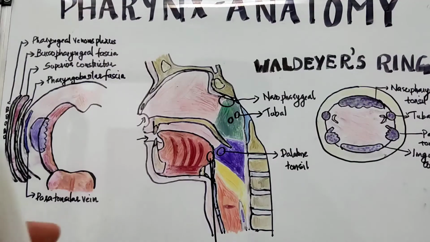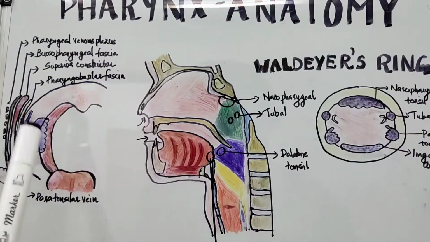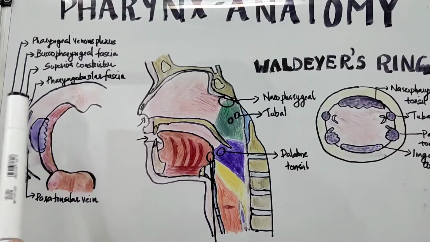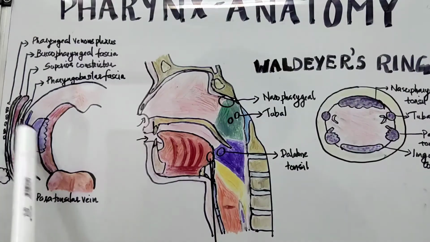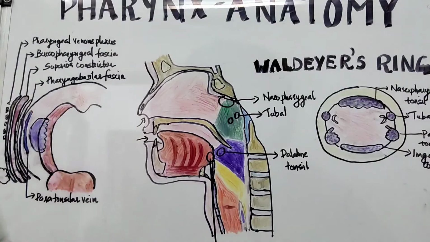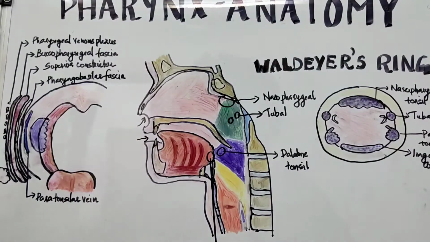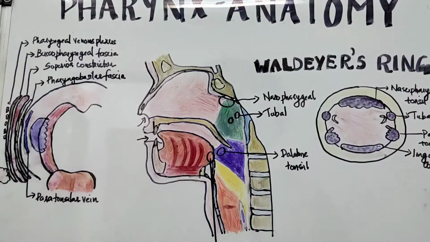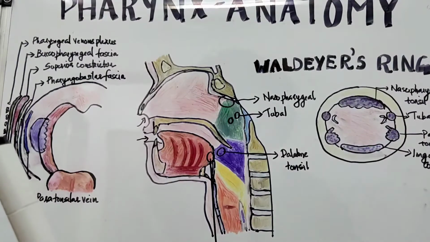Now we will discuss the palatine tonsil. It is one of the most important tonsils, and the name tonsil usually refers to the palatine tonsil. It has two surfaces, the medial surface and the lateral surface, two borders, the anterior border and the posterior border, and two poles, the upper pole and the lower pole.